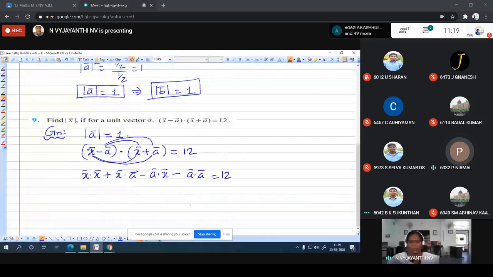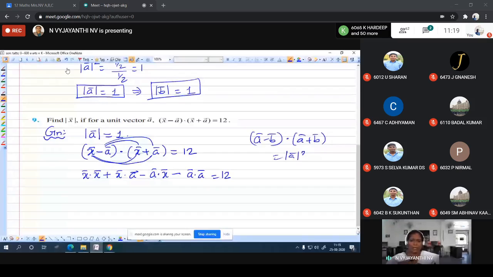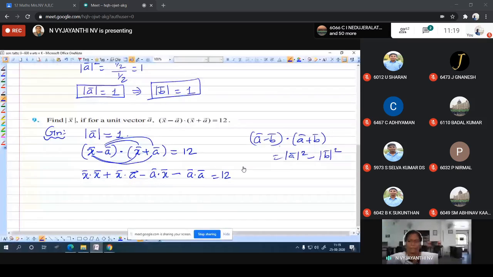In short, we can remember a minus b dot a plus b as modulus of a square minus modulus of b square, as we use it for the formula a minus b into a plus b. Understood? So these two get cancelled. Here we will have modulus of x square minus modulus of a square equal to 12. But already given modulus of a is 1.